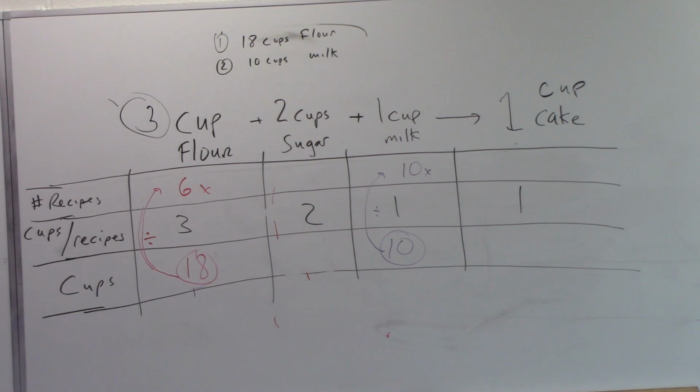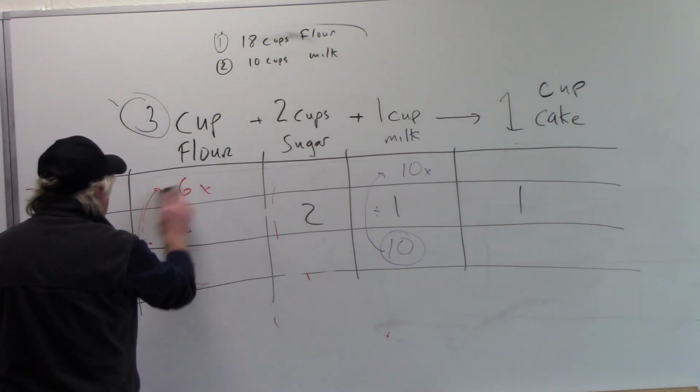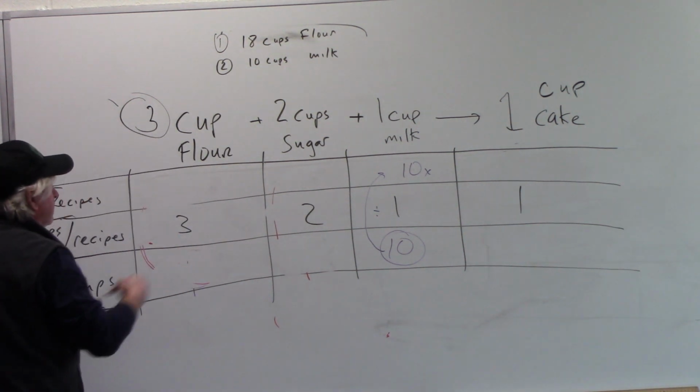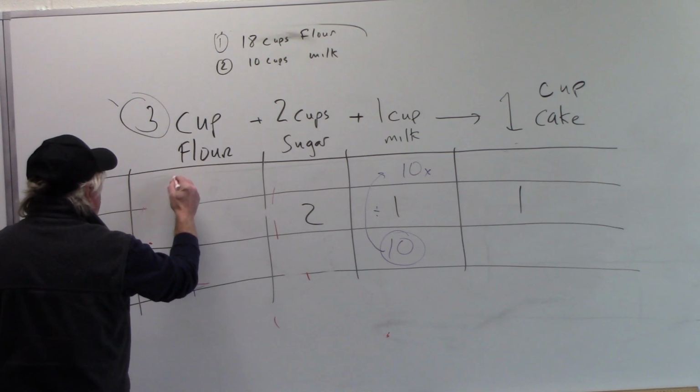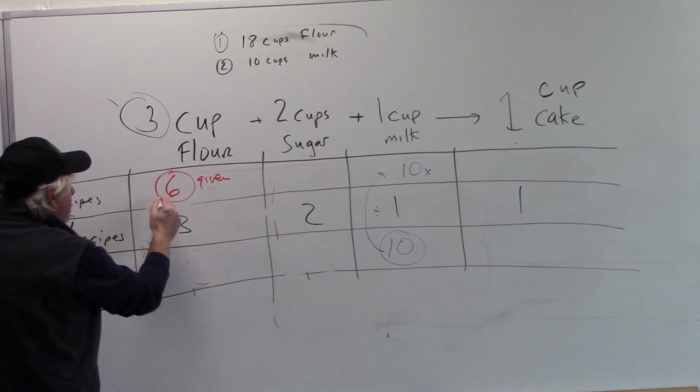Now the review is: if you're given recipes, like 6 recipes, you're going to ungroup.